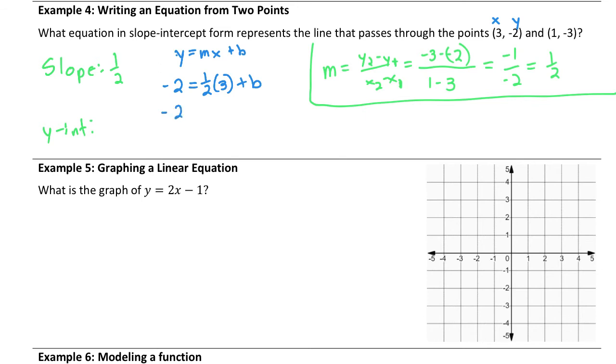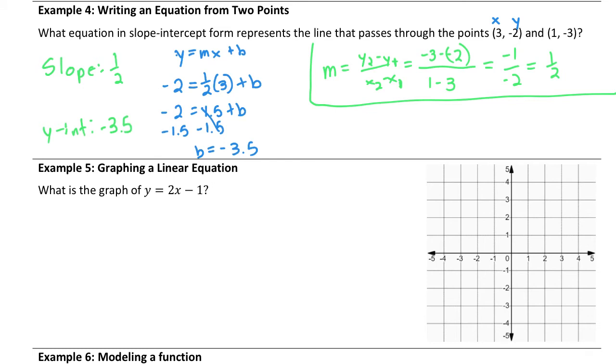So this becomes negative 2 equals 1/2 times 3 is 1.5. And then I finish by solving for b. Subtract 1.5 from both sides. So b ends up being negative 3.5. So I'll go back to green now.